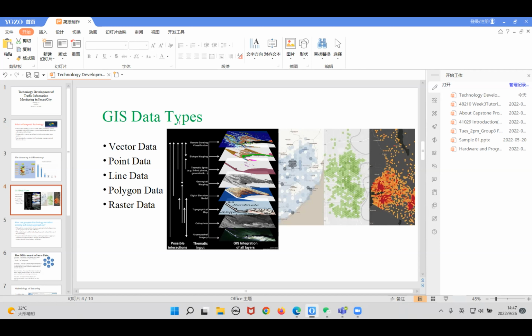And the polygon data typically represents areas such as cities, lakes, and forests. The raster data, also known as grid data, is made of cells that have different values. You can typically find raster data in satellite images and aerial surveys.